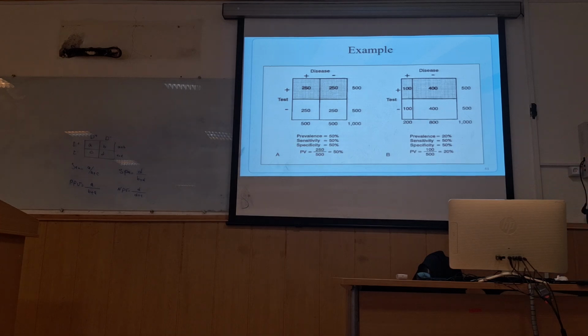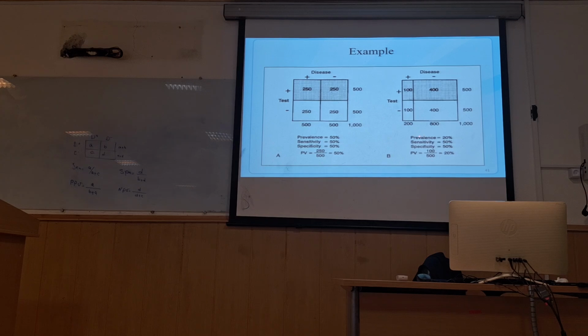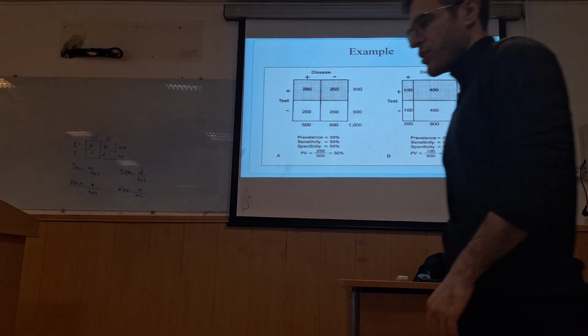Please write this example and solve it. Please justify what the difference is between the two examples, two scenarios. In this scenario, prevalence is 50%. In this population, prevalence is 20%. But sensitivity and specificity are the same among these populations.